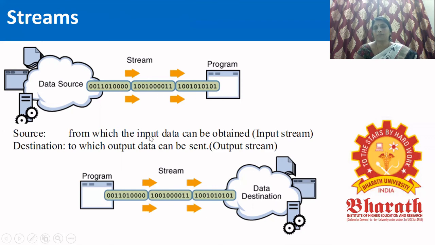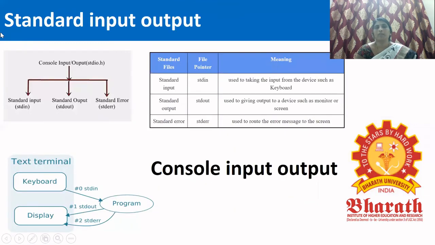The source from which the input data can be obtained, we call the input stream, and from the program, the output is sent to a particular output device. The destination to which the output is sent is the output stream.